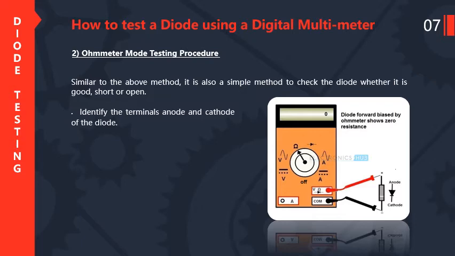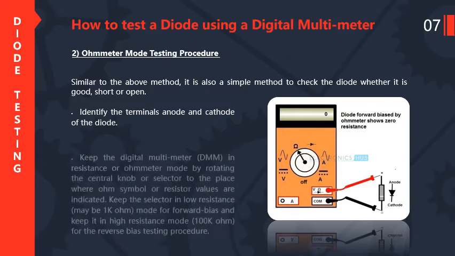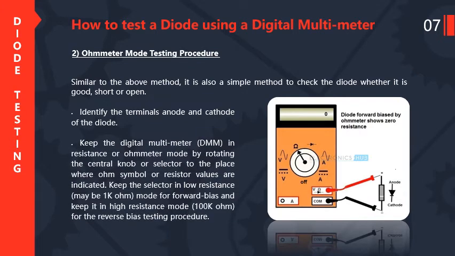Firstly, identify the terminals, anode and cathode, of the diode. Keep the digital multimeter in resistance or ohmmeter mode by rotating the central knob or selector to the place where the ohm symbol or resistor values are indicated.